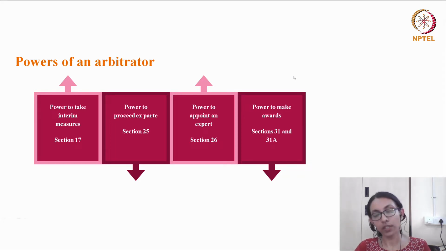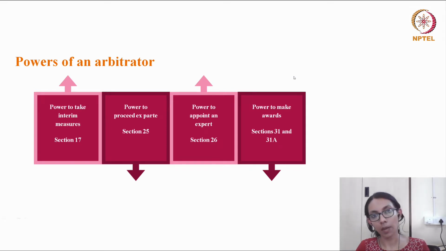Perhaps the most important power of an arbitral tribunal is the power to make awards. This can be seen under Sections 31 and 31A of the Arbitration and Conciliation Act. Basically, the power to make awards includes the power to make an interim award before pronouncing the final award, and it also includes the power to impose costs that are involved in the arbitral proceedings, such as the fees of the arbitrator, the expenses incurred in producing the witnesses, and other legal and administrative expenses.